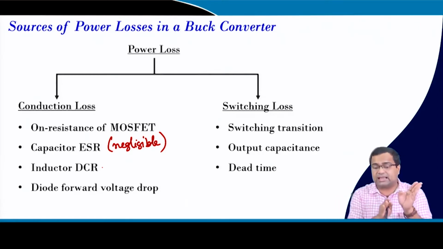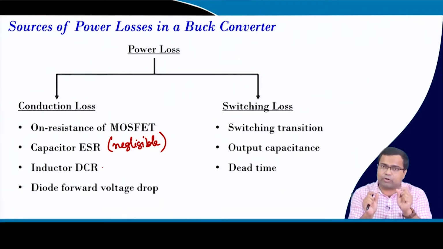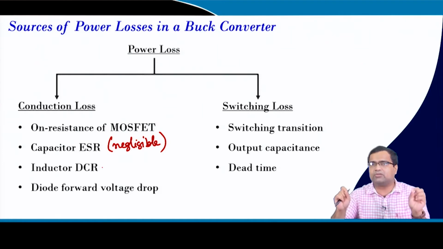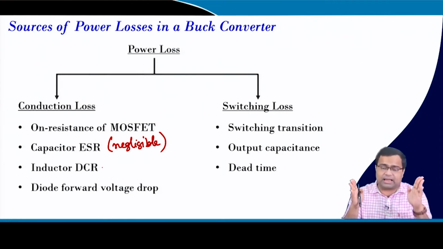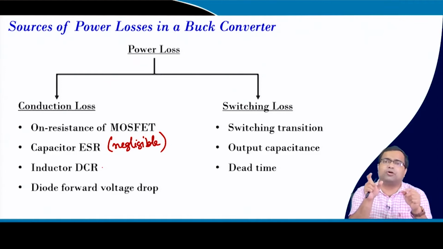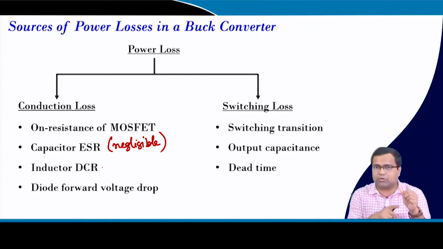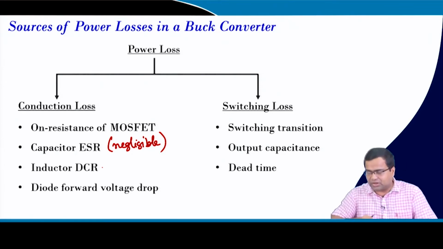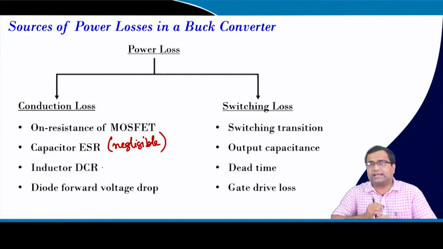It is like a break-before-make, and during that time the body diode can be activated. If the dead time is quite large, the body diode will conduct and create additional losses. But if the dead time is very low, there can be a scenario when both switches are on and the supply is shorted to ground, resulting in a high shoot-through current. So you have to consider the dead time very carefully. Then the gate drive loss.